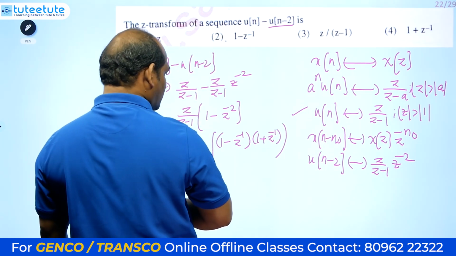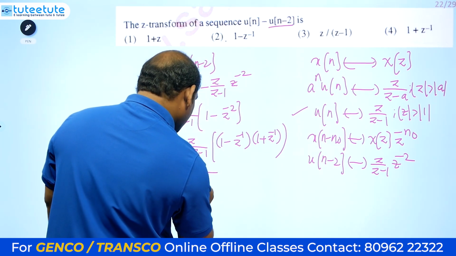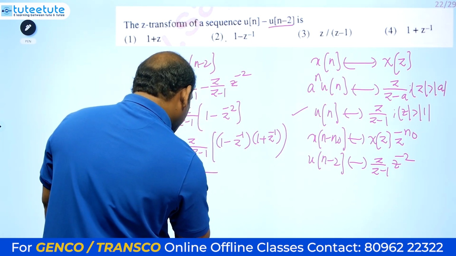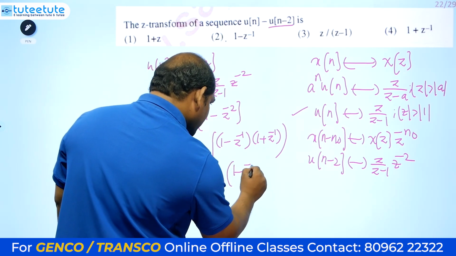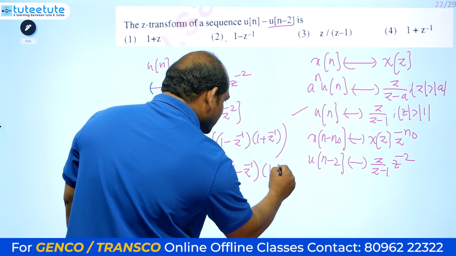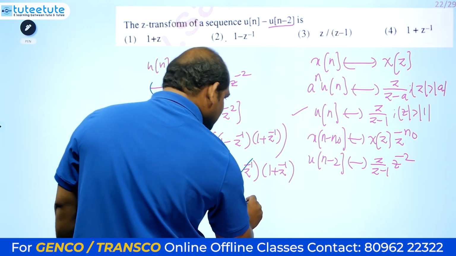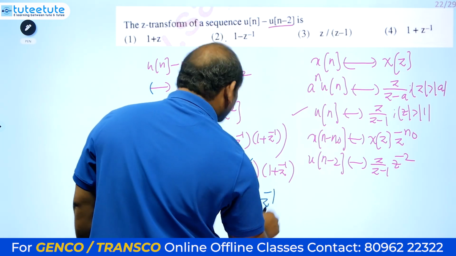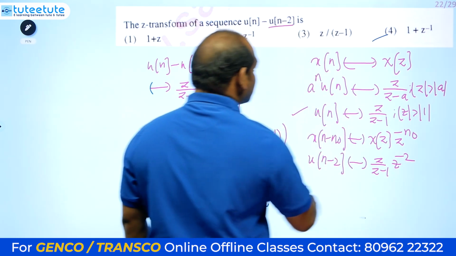Like this we can write. Now we can simplify this further. Here z minus 1 is the same as z into 1 minus z power minus 1, so this will be cancelled, z will be cancelled. So the answer will be 1 plus z power minus 1. This is the correct answer.